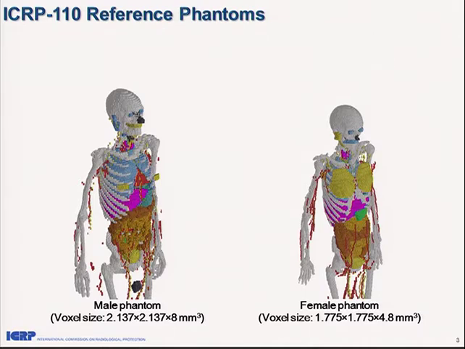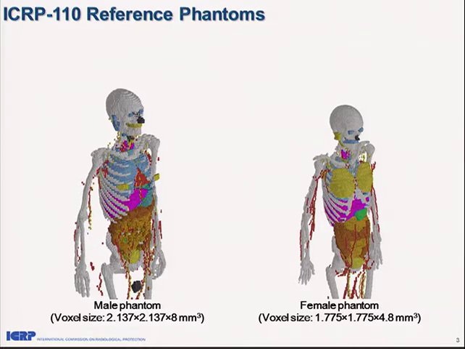They were developed using whole body CT data of a male and a female patient and quite realistically represent the organs and tissues in the human body. But these phantoms have some limitations. That is, they cannot represent organs and tissues if they are thin, complicated, or very small.